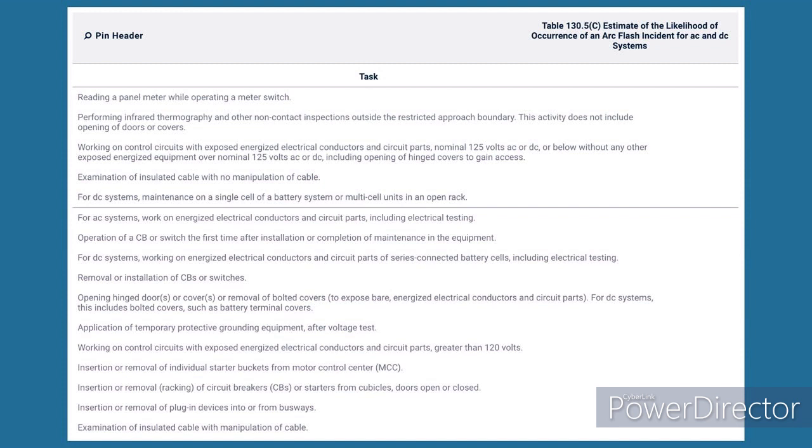If you're using the table method, then you would go look at table 130.7(C)(15)(A), (B), and (C), and that's where you pick up the tables when you're using the hazard risk category method. This also applies when you're doing the calculation method.